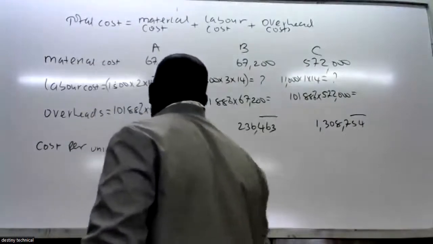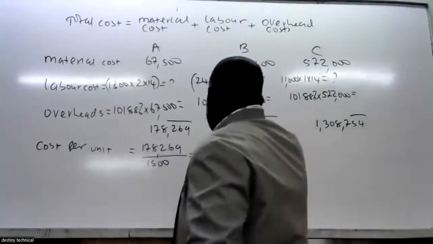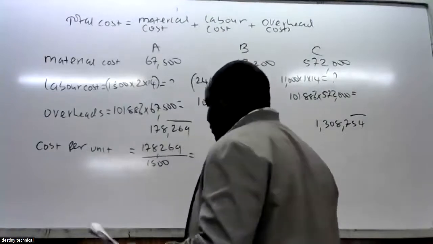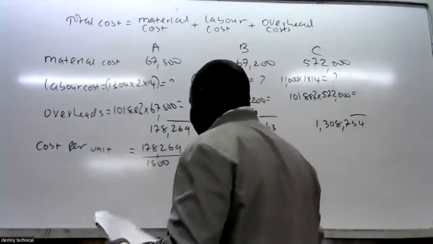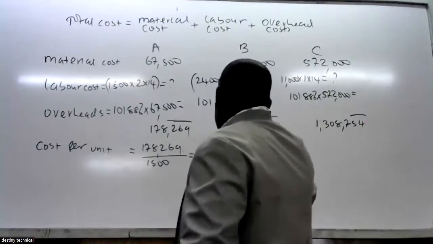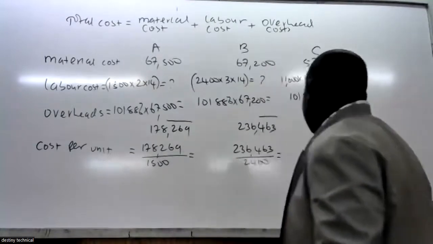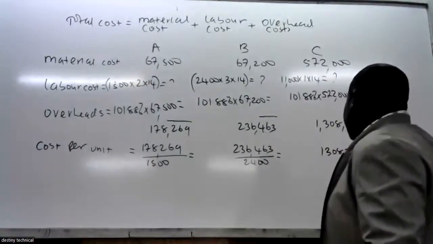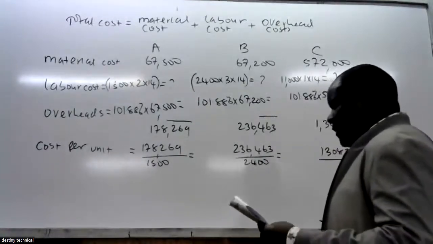Then this one, 236,463, we divide by 2,400. Then the next one is 1,308,754. You also divide by 11.